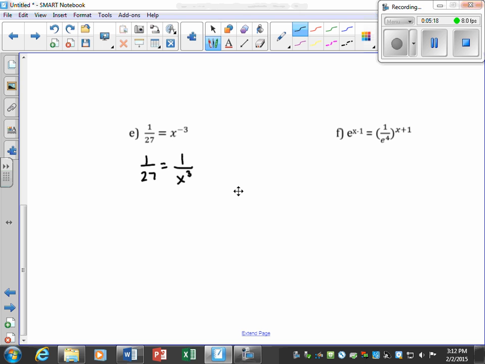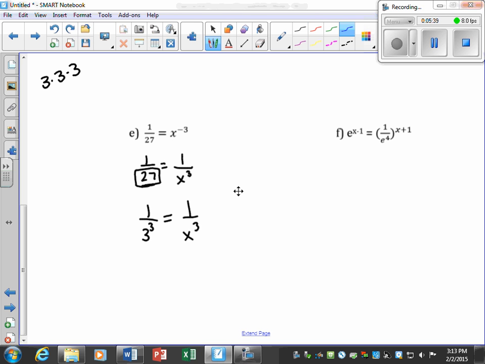Well, I can now see that I can rewrite this using an exponent. So I could say 1 over 27 is 3 to the third power, because 3 times 3 is 9, times 3 is 27. And I can leave this side alone.